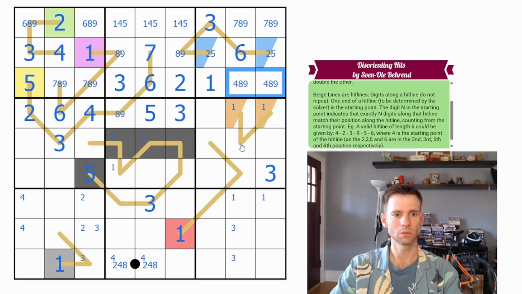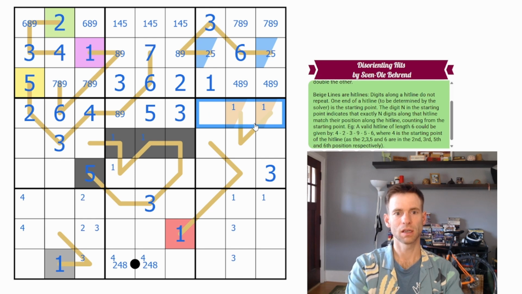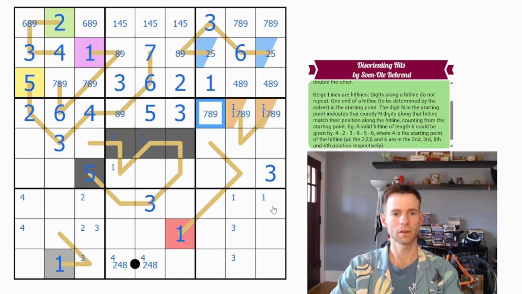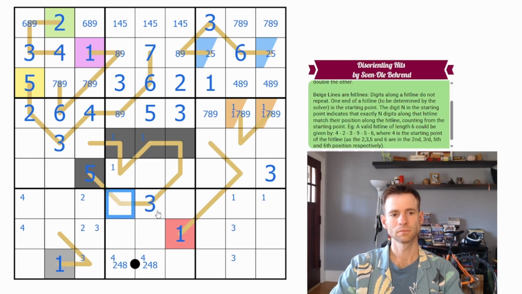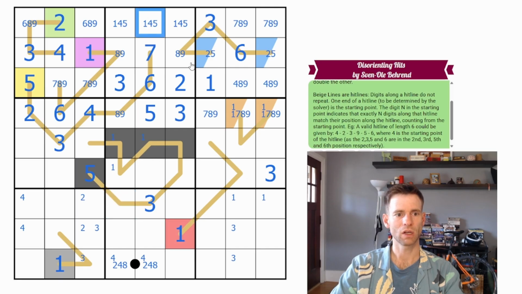4's in one of those. What's left in here? 1, 7, 8, 9. Looks like this one's not the one though. 5 in one of those. Five's not here. 1 is not here.